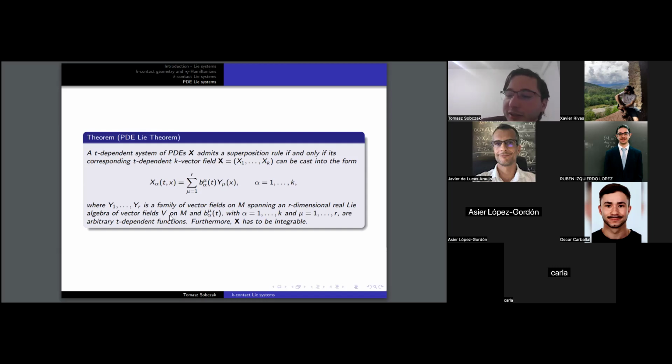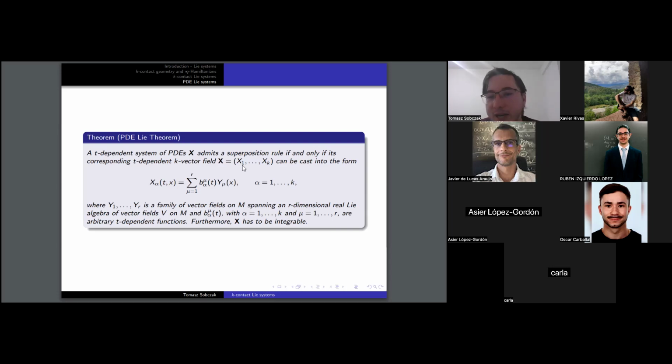And the additional thing that has to be fulfilled, which wasn't before, is that our time-dependent vector field X has to be integrable, meaning every element of our tuple has to commute with each other.